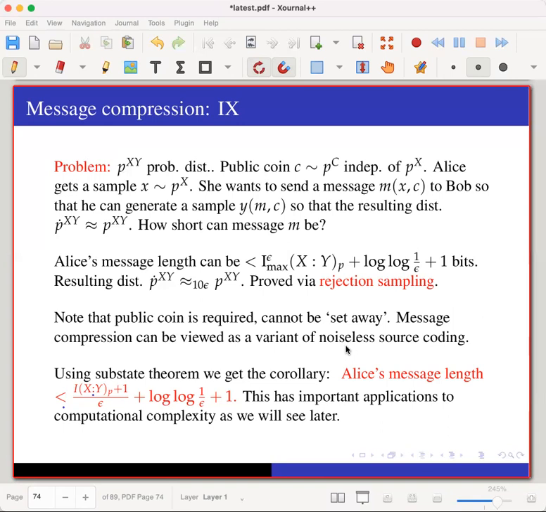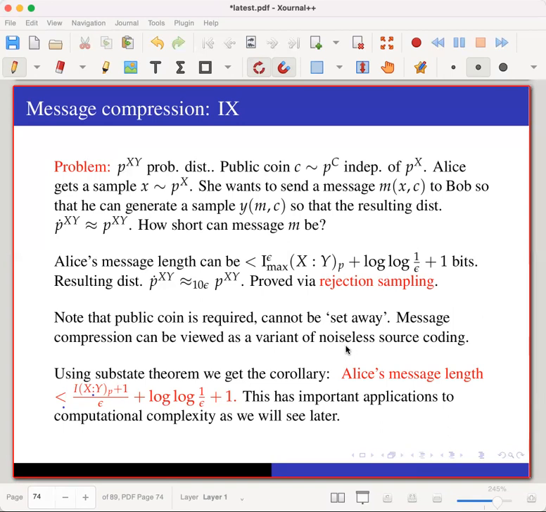The reason nobody talks of noisy source coding in traditional information theory is that you can do noisy source coding by combining noiseless source coding and noisy channel coding. This is the source channel separation. We may have more to say about it in our course also, but let's keep it for another day.